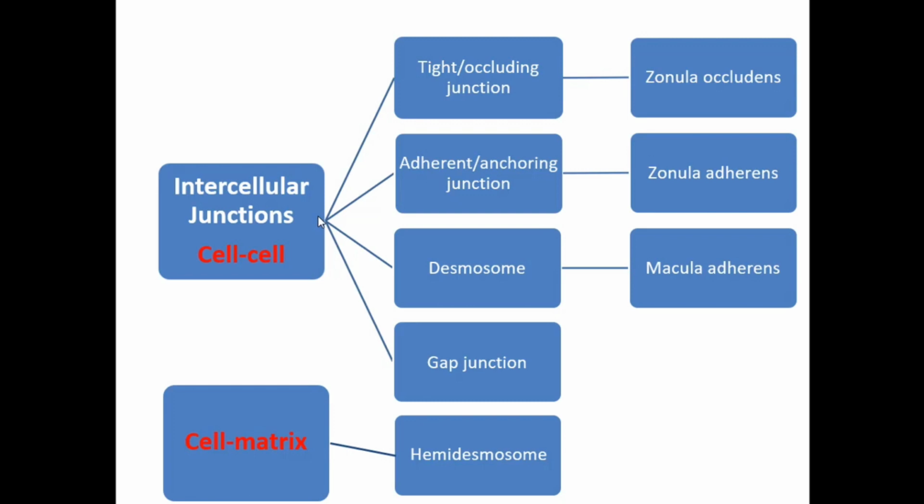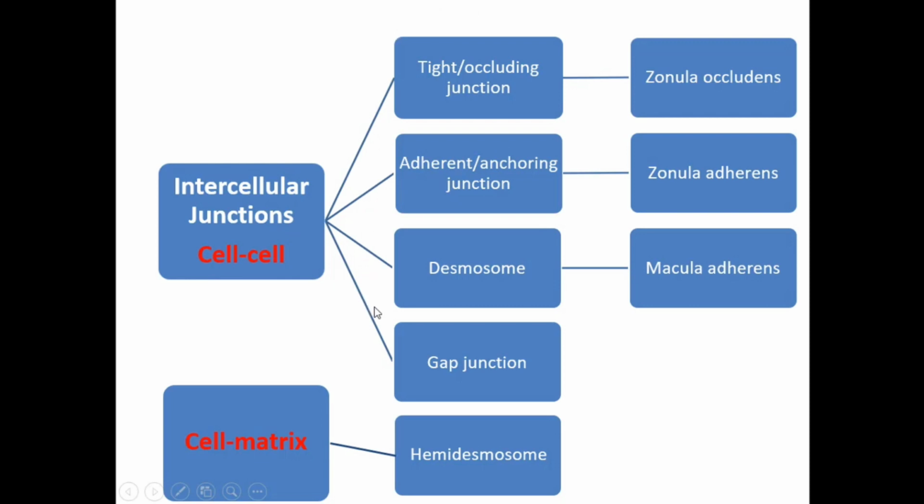Now we are going to teach you the features of the lateral domains of the epithelial cells. The specializations of the lateral surface are intercellular junctions. Also we can call them cell-to-cell junctions.